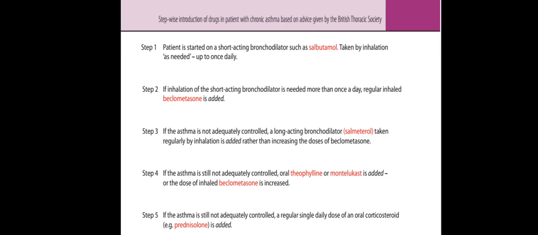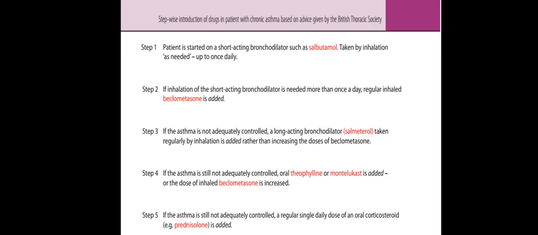That's upon the knowledge that you have. If the asthma is not adequately controlled, a long-acting bronchodilator is added. You remember they started with salbutamol, which is a short-acting bronchodilator. Here they're saying that if the asthma is not adequately controlled, a long-acting bronchodilator, which is salmeterol, taken regularly by inhalation, is added rather than increasing the dose of beclomethasone.